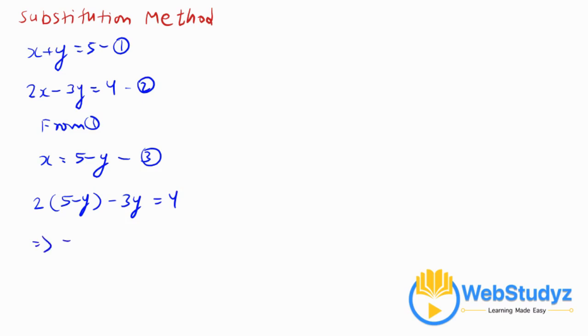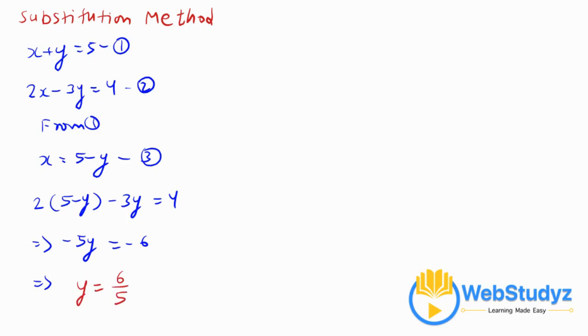Solving this we get minus 5y is equals to 6 minus 6. So from here we get the value of y as 6 by 5.